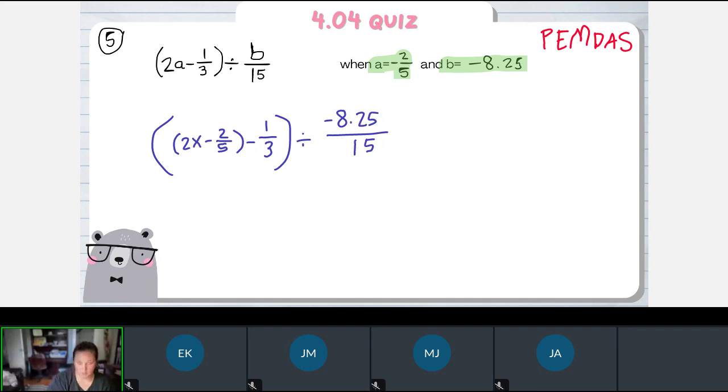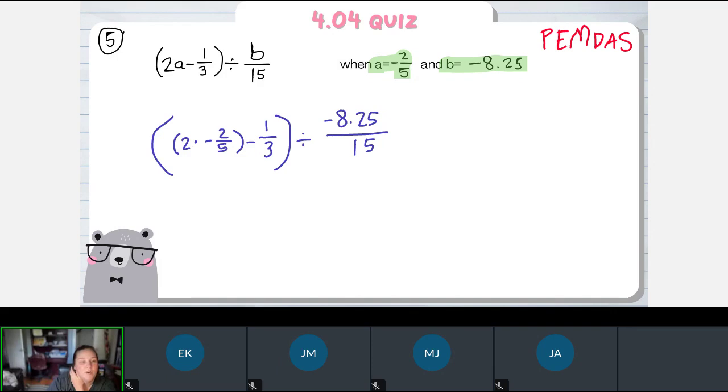All right, so let's go ahead and get started. The first thing that we need to do is multiply those fractions that are in the parentheses. So this is 2. I'm going to erase that x because I'm just going to put the multiplication sign as a dot so we don't get confused. 2 times negative 2/5 is negative 4 over 5.